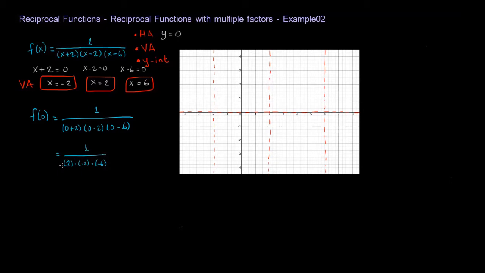Now these two multiplied would be negative 4. Negative 4 times negative 6 would be 24, so we get 1 over 24, and this will be my y-intercept.